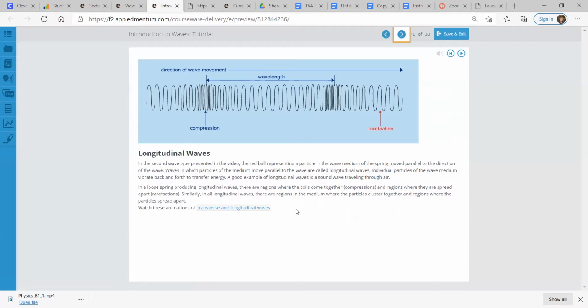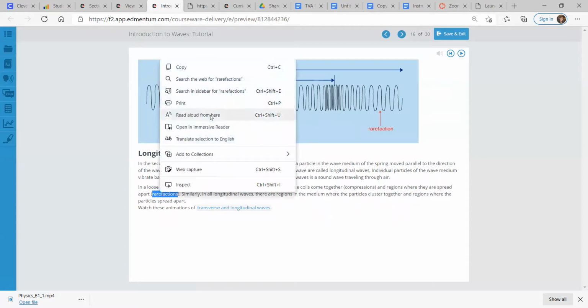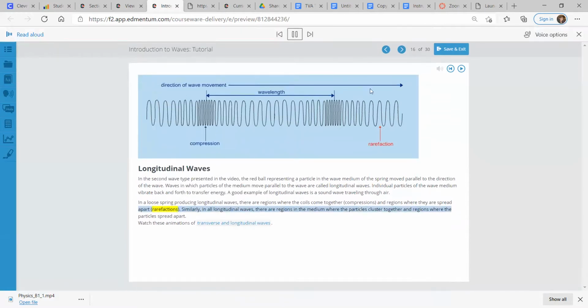In a loose spring producing a longitudinal wave, there are regions where the coils are coming together, right? Compressions, and then where they are more spread out, rarefactions.